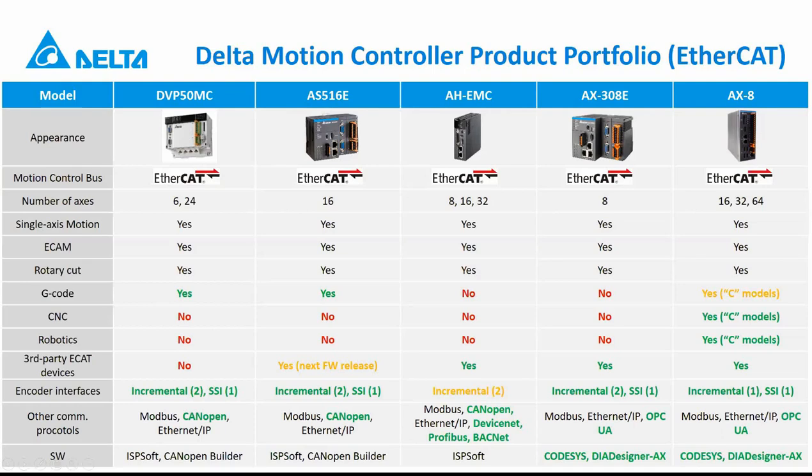Both are possible. AH EMC is ISPSoft only, and for the AX300 and AX8 CODESYS-based solutions, the CODESYS development environment can be used, or we will release new software, DIADesigner AX, which is based on CODESYS development, but has some useful tools for Delta users. Right now DIADesigner is not released yet, so we will go through the CODESYS platform today.